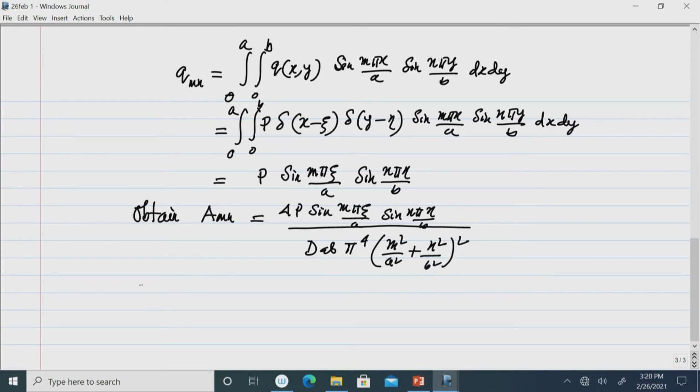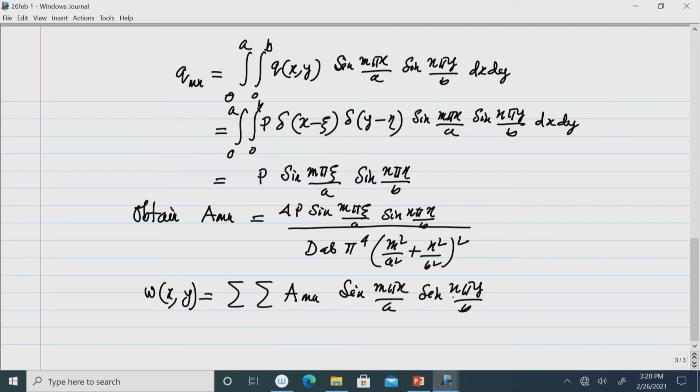After getting AMN, we obtain the deflection function w(x,y) as the double summation of this AMN sin m pi x by a sin n pi y by b, and you put this index for summation. Okay. So, this is the procedure for handling the concentrated load in the plate.